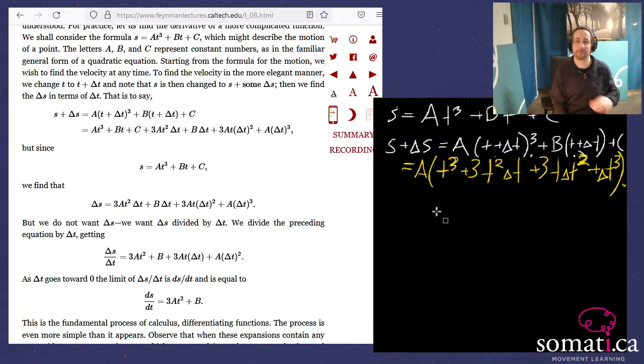So those are the A terms. Oh, it's good to practice this stuff.